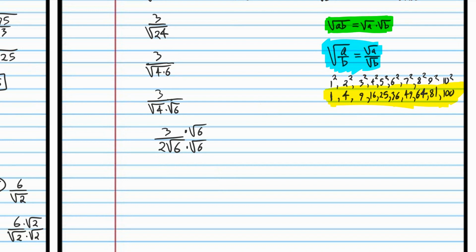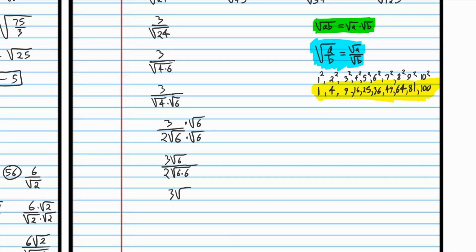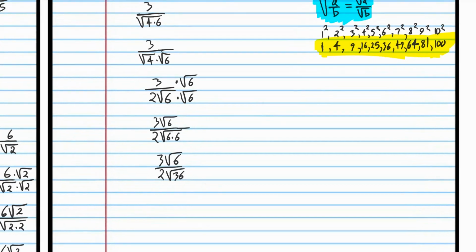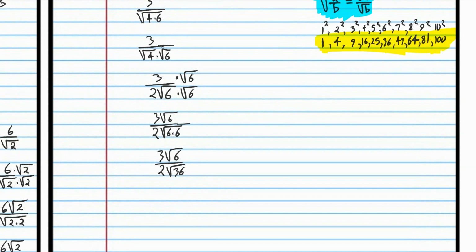So now 3 times root 6 is 3 root 6. And with this problem, we've done this before. When we have a root multiplied by another root, we just multiply the roots together. So the 6 times 6 become 1 root. We're using the green equation in the reverse direction. And obviously, 6 times 6 is 36, and you can see where we're going with this. The root in the denominator is about to go away because 36 is a perfect square.